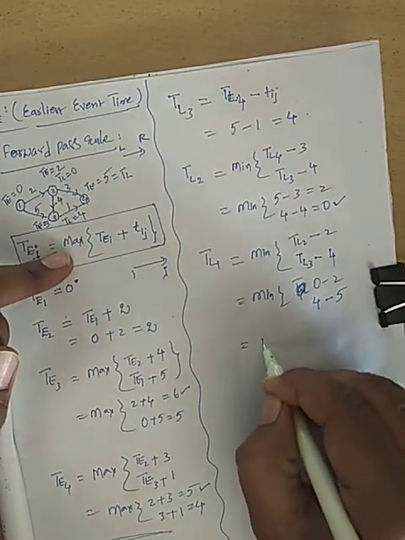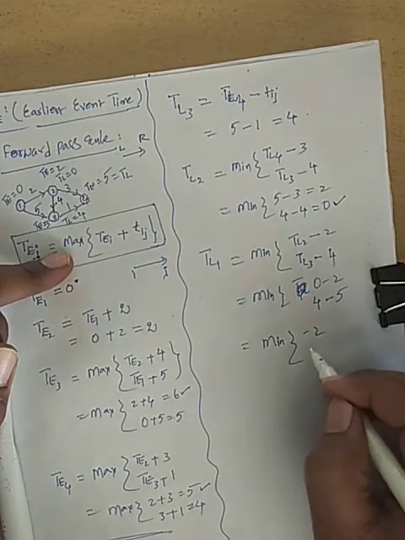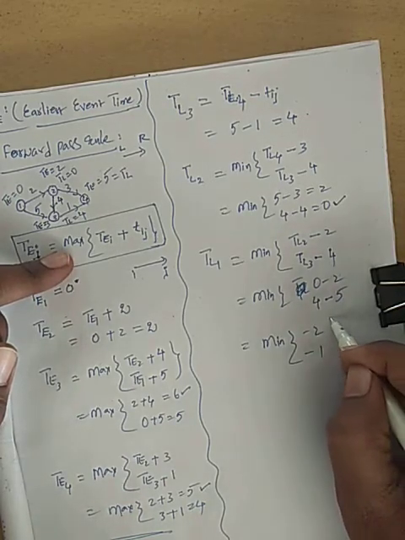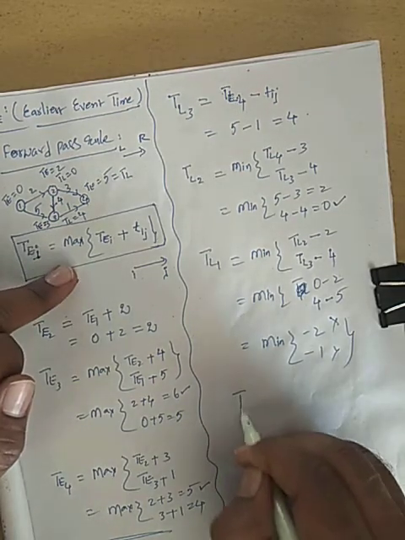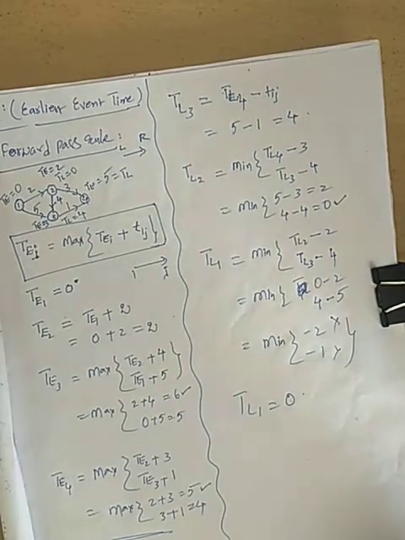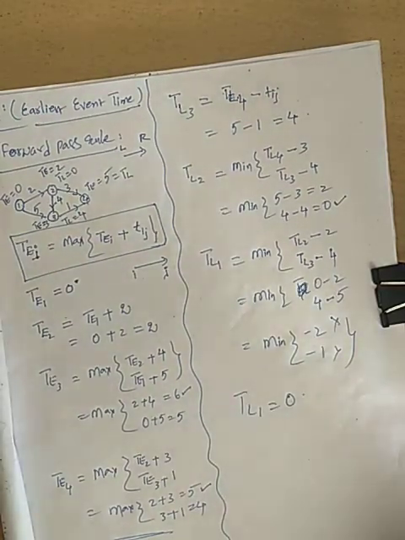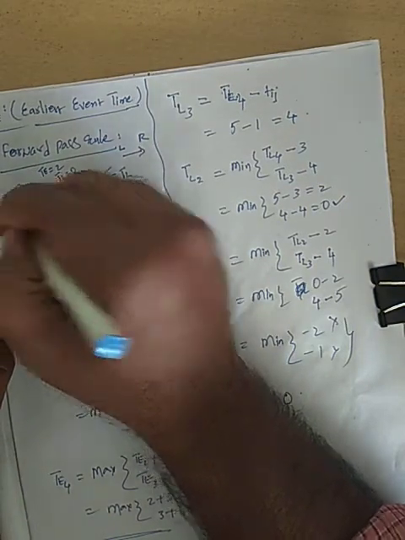So what are the values you get here? Minimum of minus 2, minus 1. Both are not considered. Hence the value, generally we consider as 0. So the first TL is going to be 0.